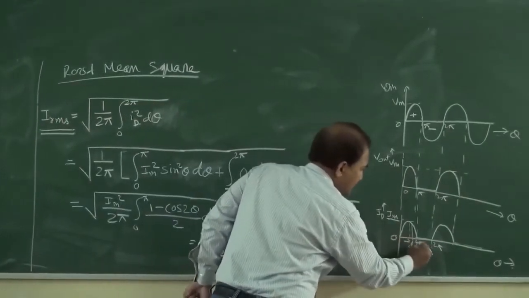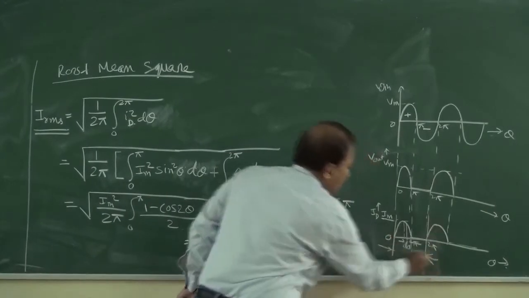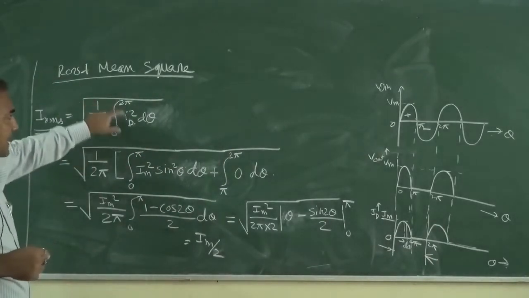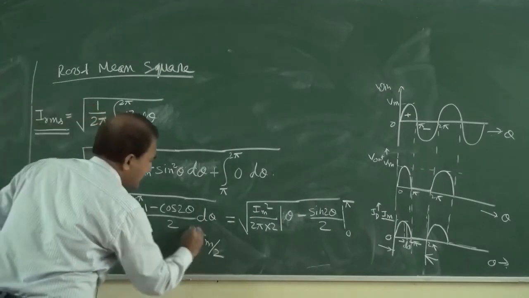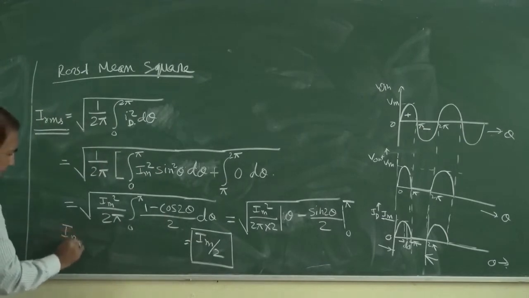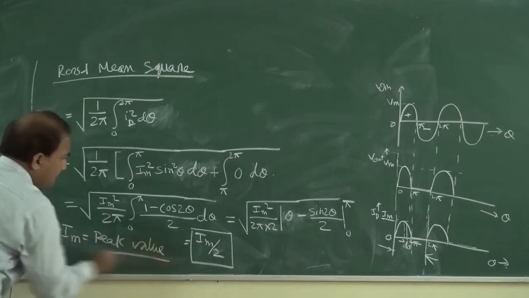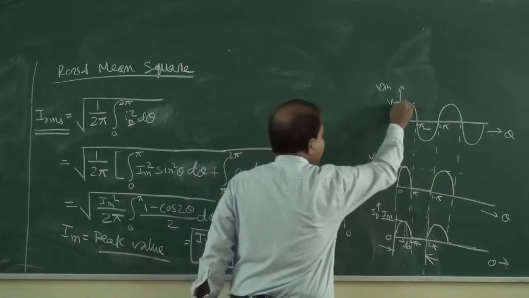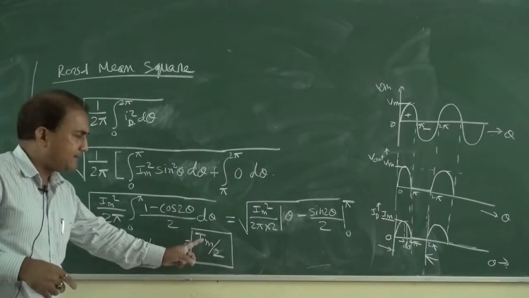Because the time period is 0 to 2 pi. This is one time period. So finally we are getting it equal to Im by 2, where Im is the peak value. What is this peak value? Peak value is like this: Im, Vm. So these are the peak values.